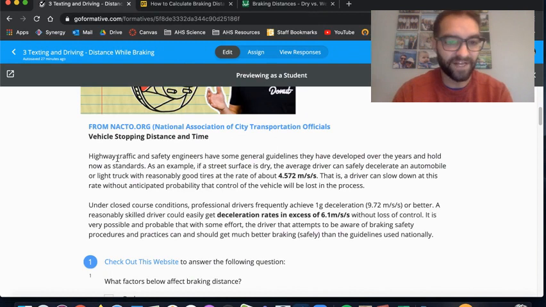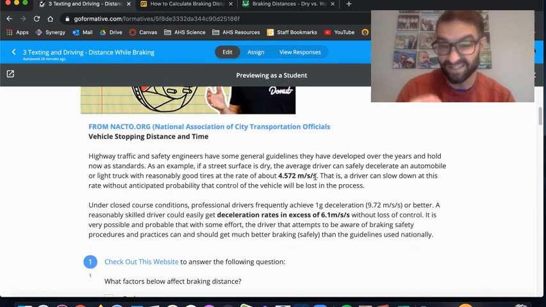What they have found is that highway traffic and safety engineers have some general guidelines they have developed over the years and now hold as standards. As an example, if a street surface is dry, the average driver can safely decelerate an automobile or light truck with reasonably good tires at the rate of 4.572 meters per second per second.